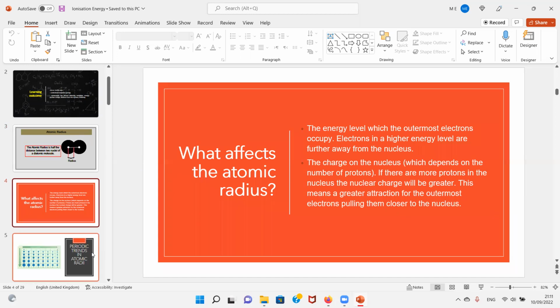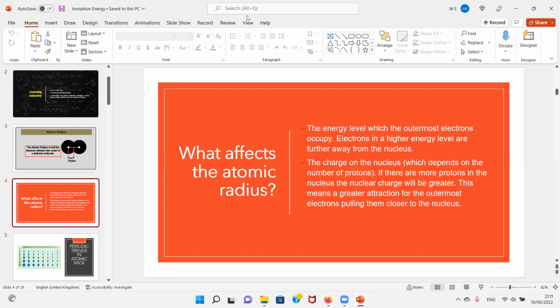You may ask, what is the relationship between the atomic radius and ionization energy? Instead of going any further, let me just give you an idea. Ionization energy is the energy required to remove the electron in the outermost shell.